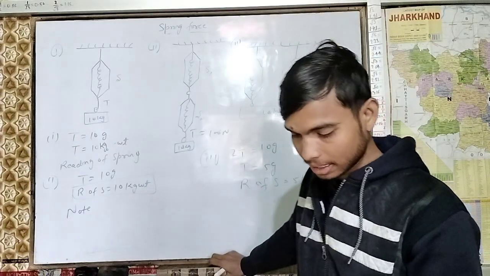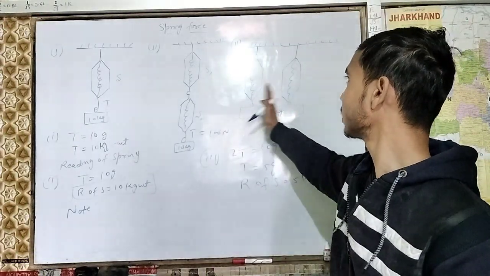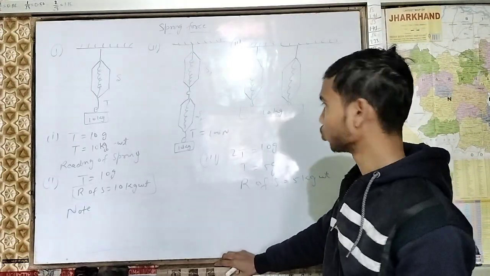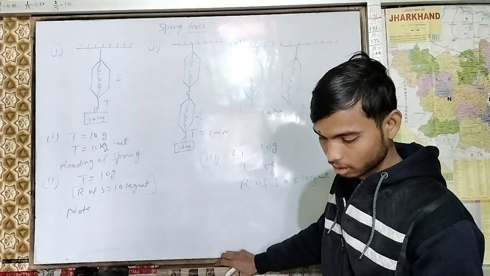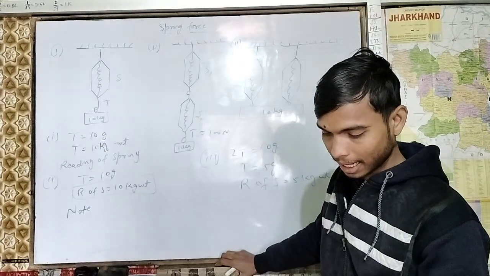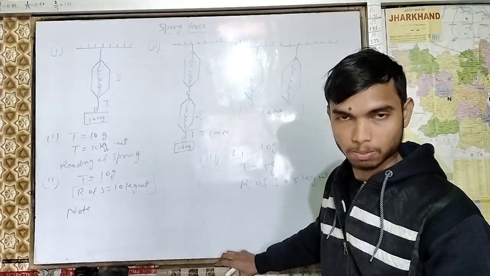When spring balances are connected in parallel, like this, if both are parallel, we will divide by the total number of springs. Then the reading of each balance is the same and given by reading equal to applied load divided by number of spring balances.